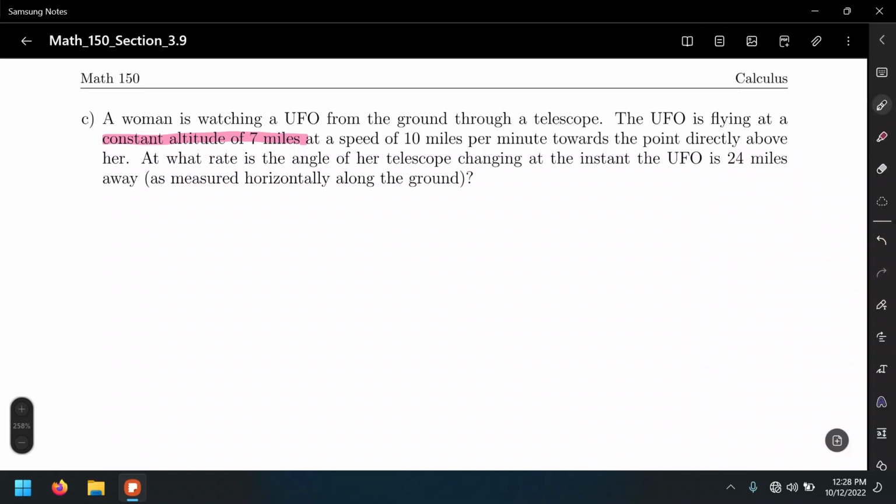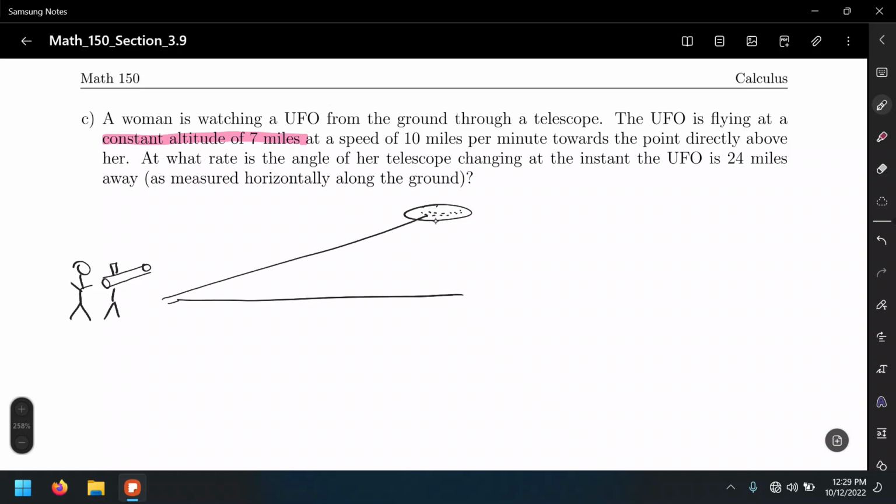So number one, we have someone, and there's a telescope here, and we have the ship. Essentially it's forming a right triangle. Alright? So that's the picture.